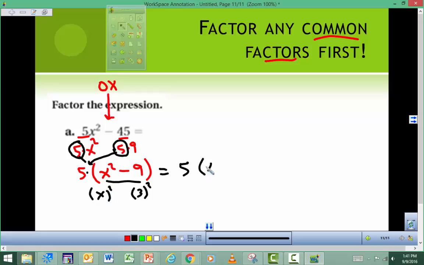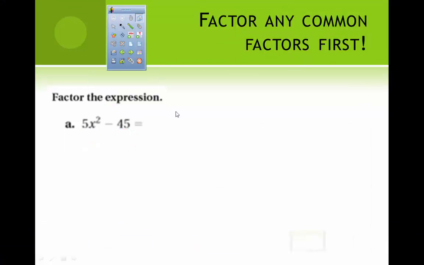So hopefully you're saying x minus 3 and x plus 3, right? That's a difference of 2 squares. So hopefully you realize that sometimes you might have to factor out common factors first. Right? Mitchell, aren't you glad I showed you these? It refreshed my memory a lot.